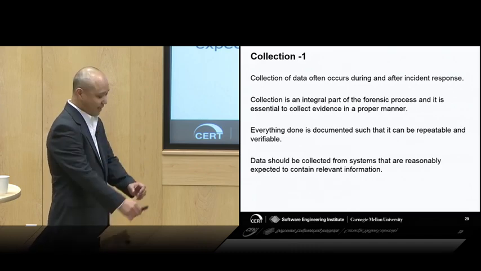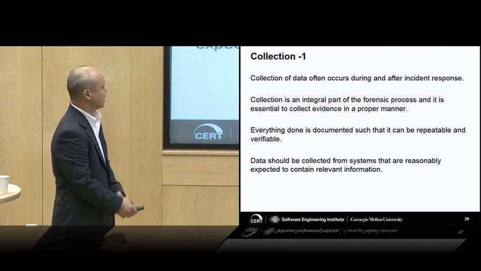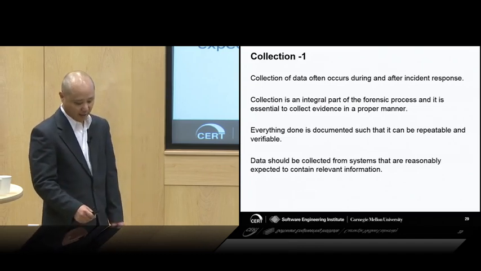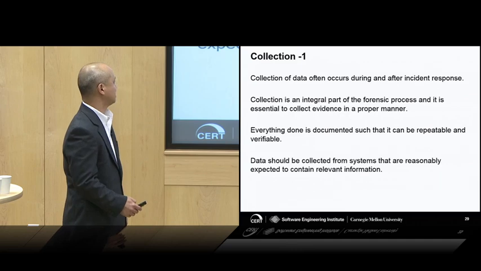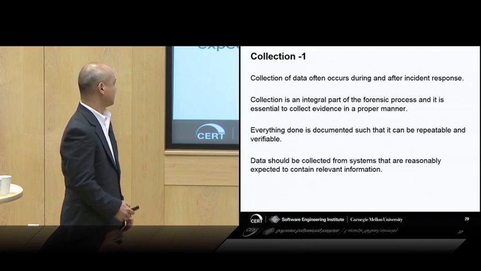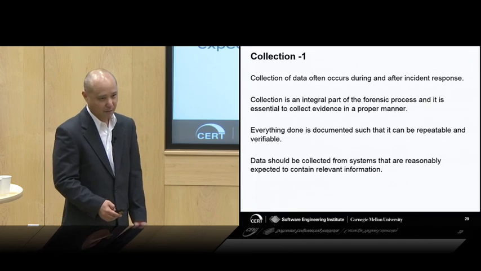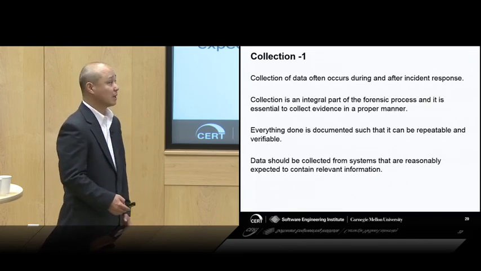Right? Everything done should be documented. Again, this is the repeatability and verifiability piece of it. Make sure it's documented in a way that can be verified. And this is the evidence in the balance of picking up the right amount of items.